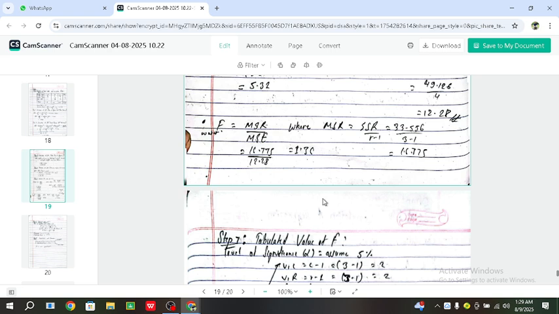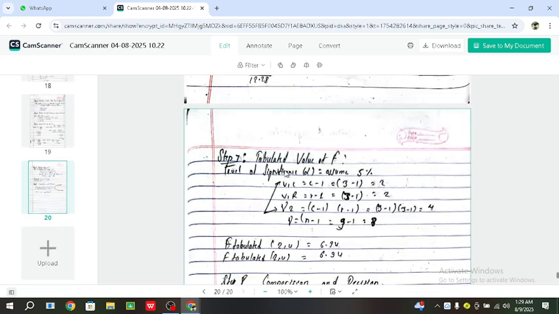Now we are going to talk about step number 7, that is the tabulated value of F, that is level of significance. Assume that if it is not given in the question, then also assume 5% only. For b1 and b2, b1 for column and b1 for row, that is c minus 1 and r minus 1, that is 3; we already know.